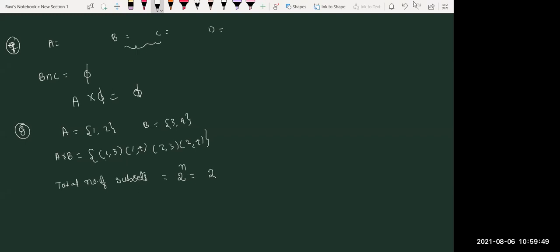So how many ordered pairs are there here? 4, sir. So 2 power 4 is 16. Understand everyone? Total number of subsets is 2 power n. 2 power n means how much? 16.